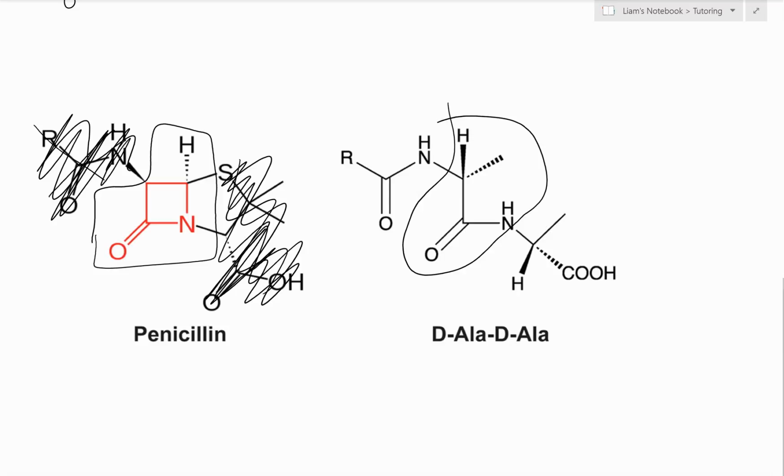It doesn't matter how much effort it tries. The way I think about it is if the enzyme's like a jaw, the D-Ala D-Ala bond is a marshmallow. It can chomp through that easily, but penicillin's the jawbreaker. It just keeps trying and trying and trying to chew it, but it can't break. It's very strong. And what that does is it irreversibly inhibits that enzyme, so that enzyme can't detach from the penicillin, and so that transpeptidase is lost.